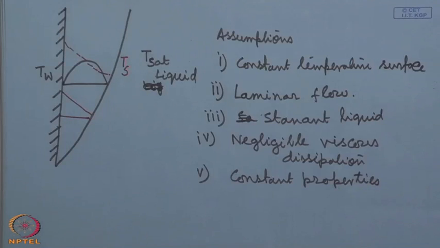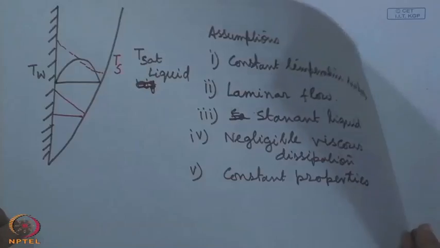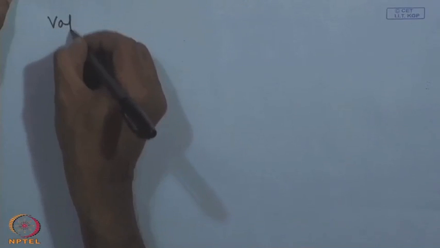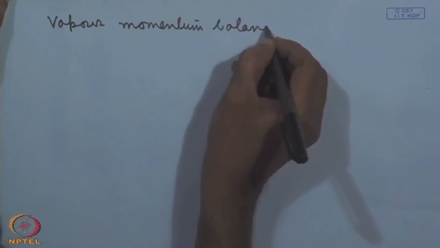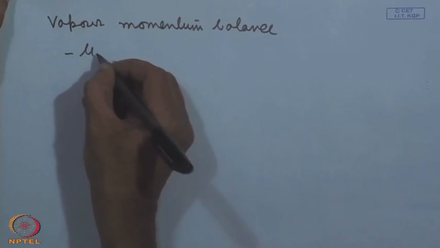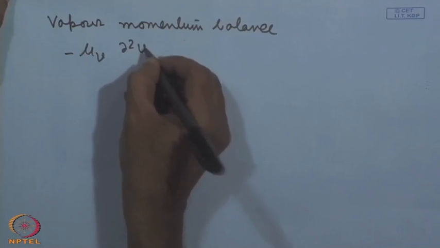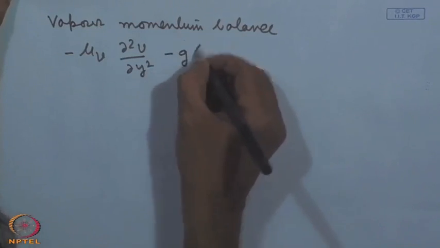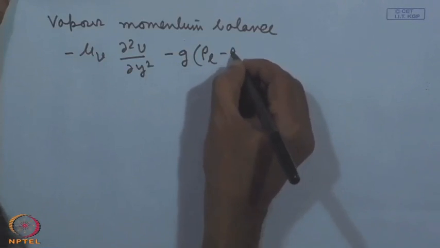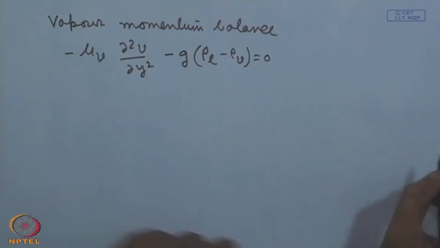If we make all these assumptions, based on them we can write the momentum balance for the vapor phase. The vapor momentum balance will be mu v d2v/dy2 minus g (rho L minus rho v) is equal to 0.